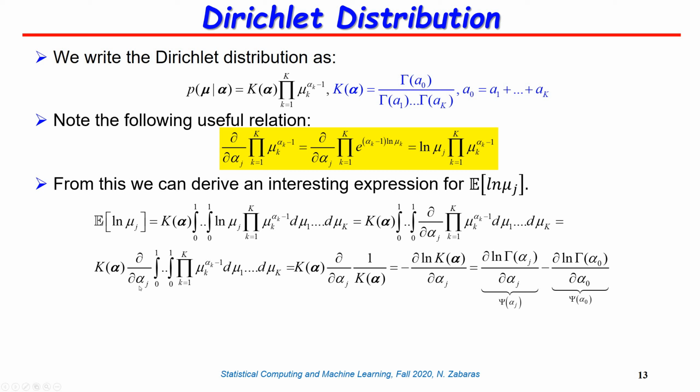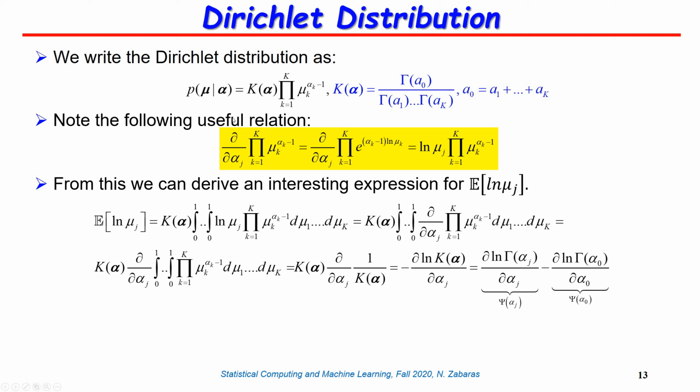So I can remove the differentiation outside the integral, all right? So I can put del over del aj of this whole integral. And now you look at this term, right? What is it, if you think about it? So if you remember that my PDF is k times this.